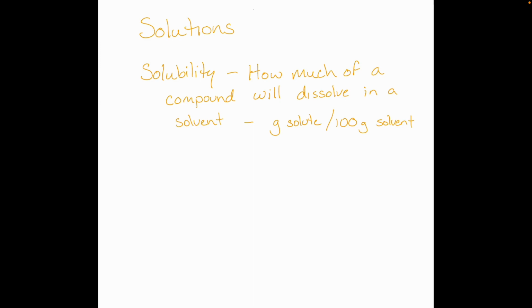If my memory serves me correctly, sodium chloride has a solubility of about 40 grams per 100 grams of H2O. So what exactly does that mean?